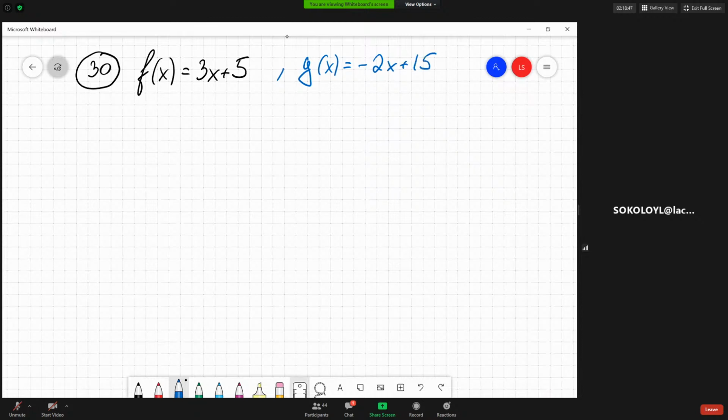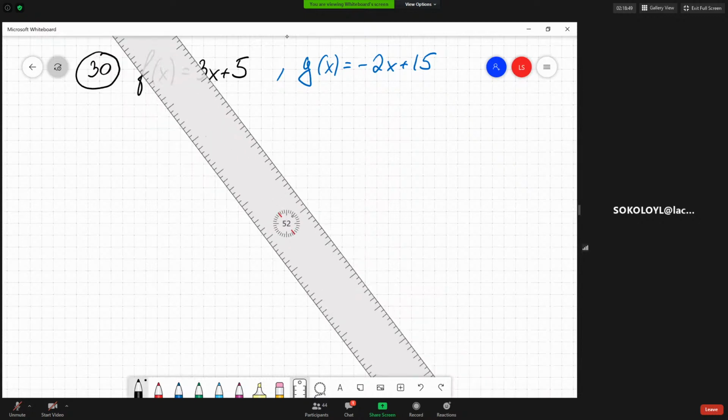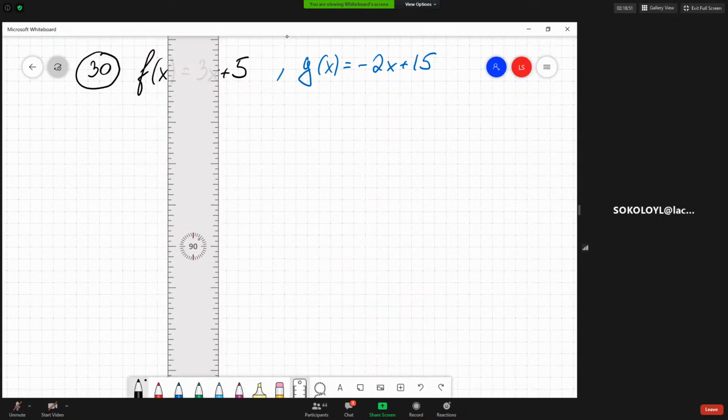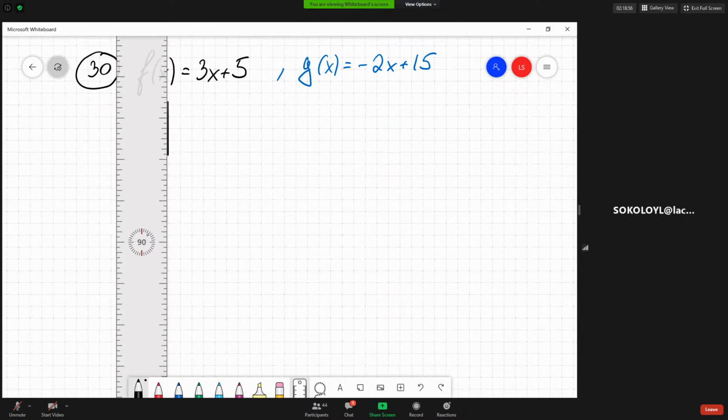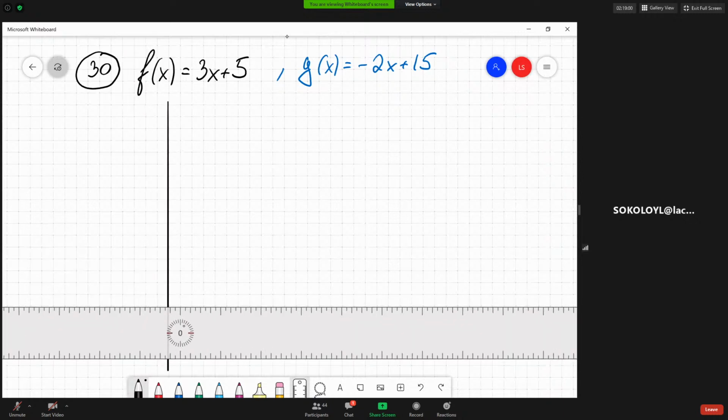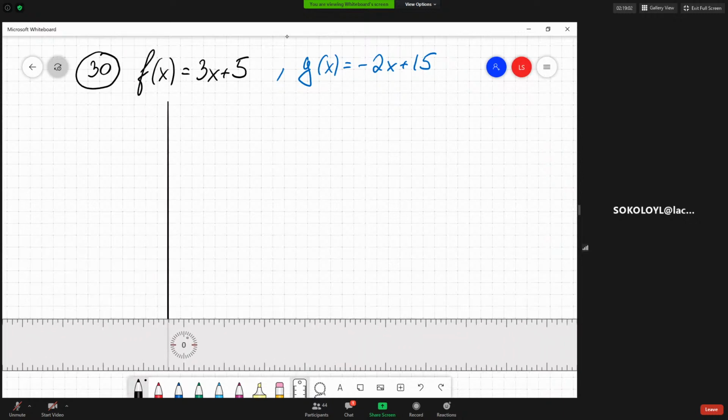All right, so let's try and graph them. And 15 is a pretty big number, so I'll start down here somewhere. Hopefully that gives me enough room.